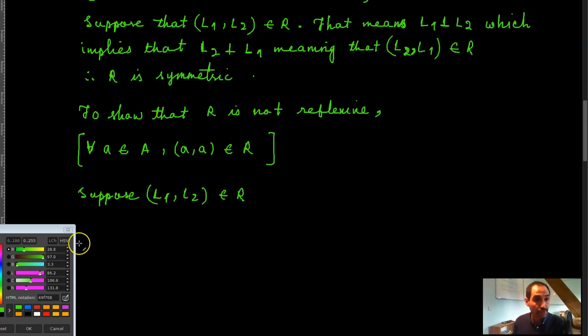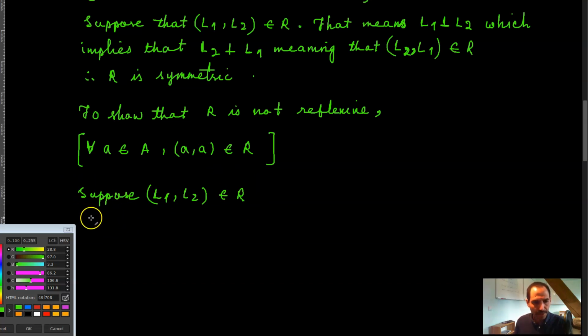Of course, L1 comma L2 can belong to R if L1 is perpendicular to L2. There is no problem with that.